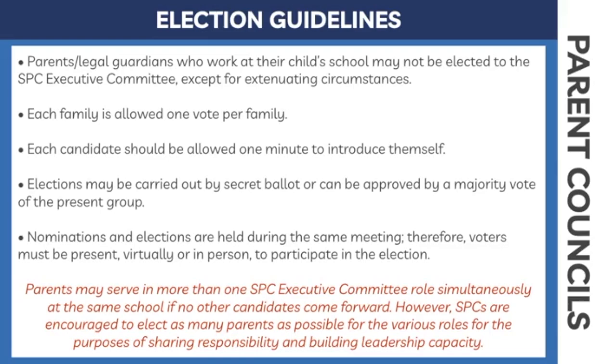During the elections, each parent who wants to be part of the school parent council may introduce themselves in the meeting or provide a short blurb in the paper ballot as well. There are several ways to cast a vote. It can be a secret ballot by using a link or raising hands and the majority wins. This should be established before the elections.